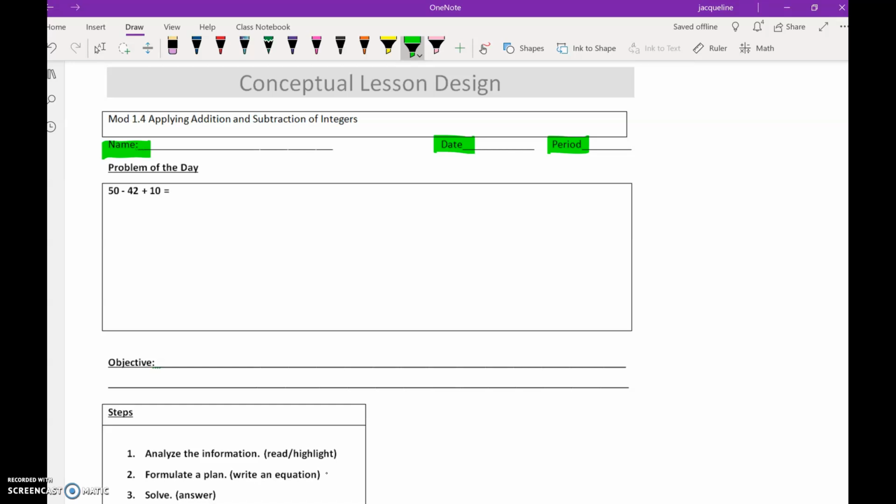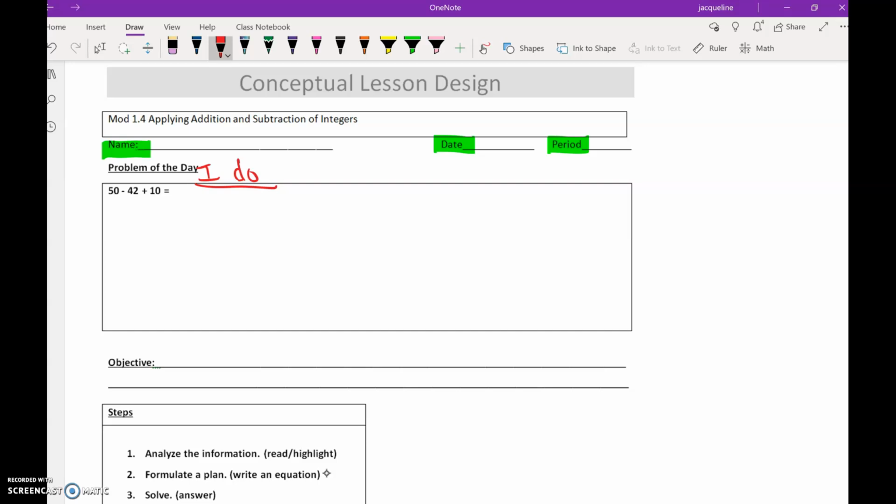For the problem of the day, this is going to be an I do part first. So please put your pencils down, eyes on the board, and please listen. If I read this math sentence, it reads as 50 minus 42 plus 10.